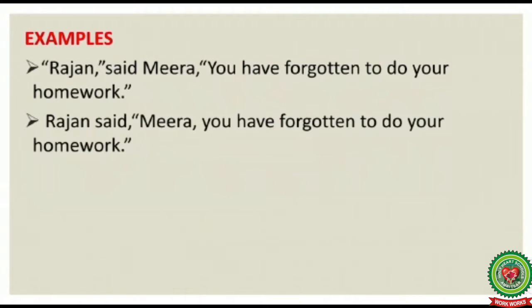While in the second sentence, the speaker is Rajan, and he is addressing Meera who has forgotten to do her homework. Children, in both the sentences, the words are exactly the same, but the meanings are different. This difference is because of the use of punctuation marks, specifically the inverted commas.